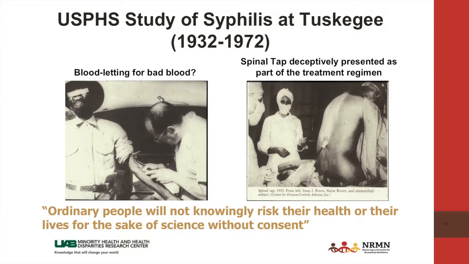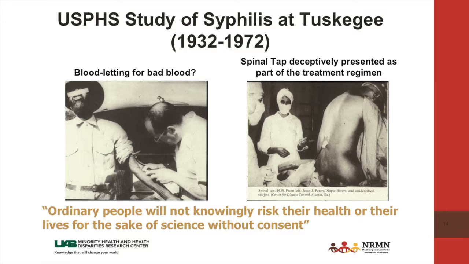Here's a picture from the United States Public Health Study of Syphilis at Tuskegee. There is a gentleman there doing phlebotomy, obtaining his blood, and then of course, in order to understand the natural course, they had to do a number of tests.